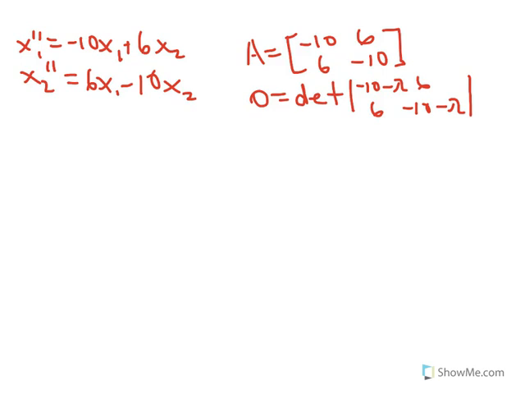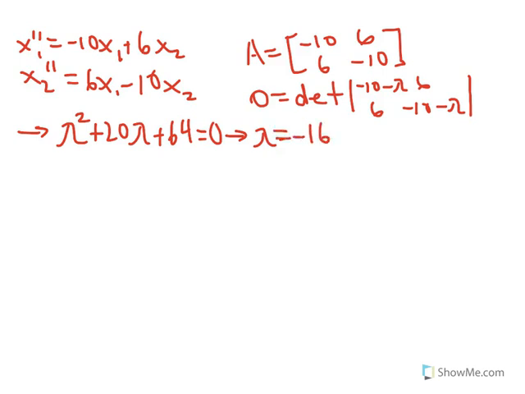And after computing this, we will get lambda squared plus 20 lambda plus 64 equals 0. And after we factor that out, pretty simple, we get lambda equals negative 16 and lambda equals negative 4.